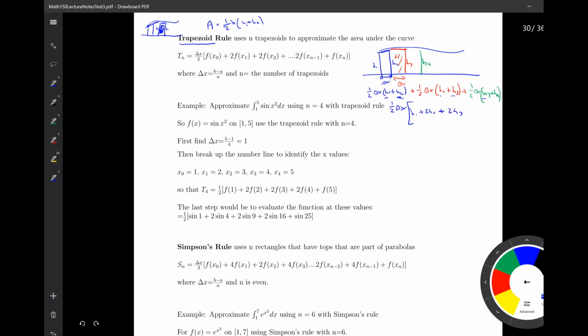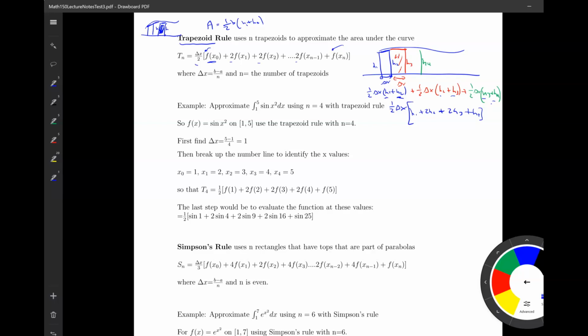And that would go on until I ended, and I can see here I have one h4. So that's what this pattern is saying. So delta x over 2, part of the area of the trapezoid formula, a coefficient of 1 in front of the first edge point, the first height, a coefficient of 1 in front of the last edge point, and then coefficients of 2 on all the middle ones.